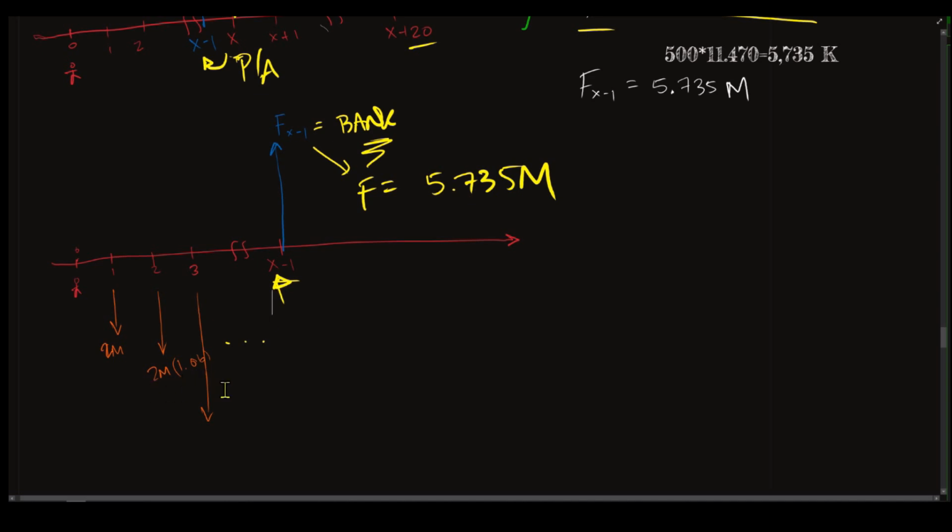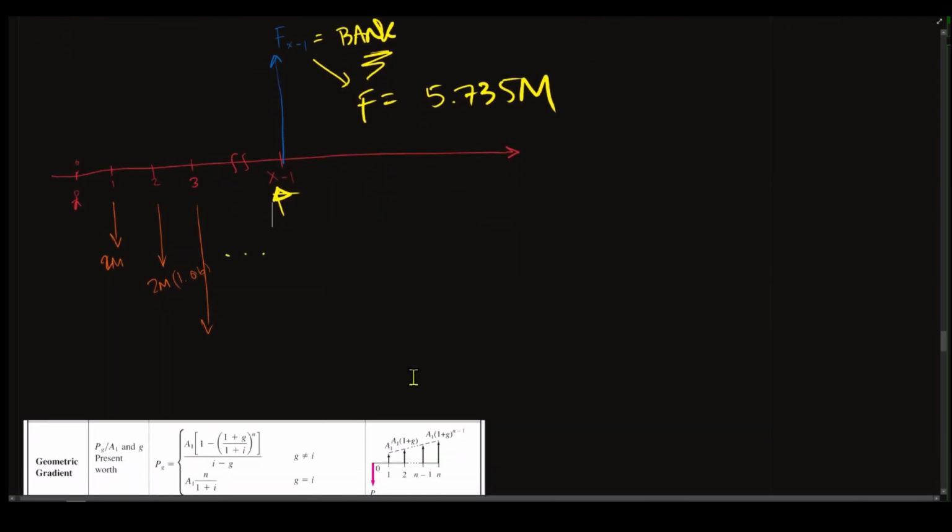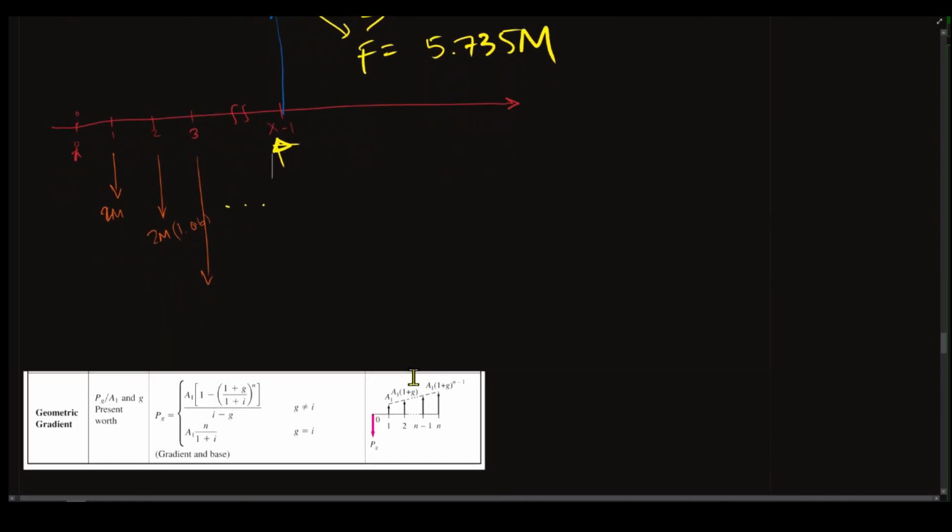Well, we know one thing, right? We're putting in 2 million plus a year. So I can tell you quickly that the answer is going to be less than 3 years, because in 3 years, even without the gradient, I'll have put in 6 million. So I know it's going to be less than 3, just for my sanity, so that when I get an answer, I know I'm probably right if it's less than 3.